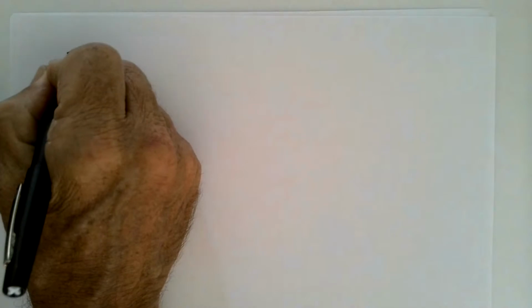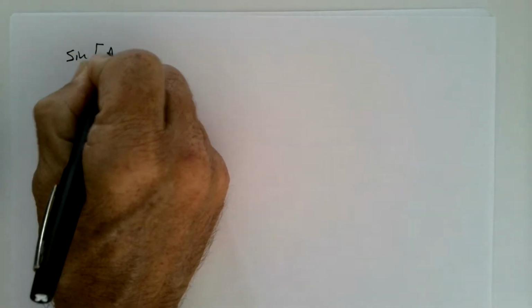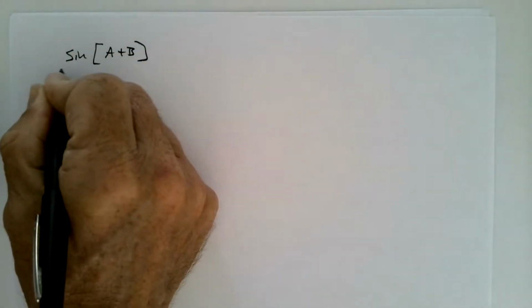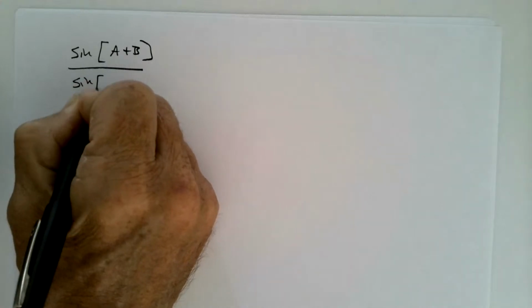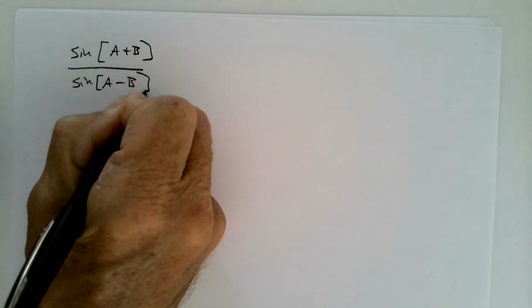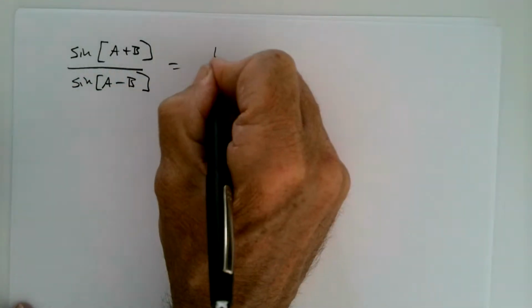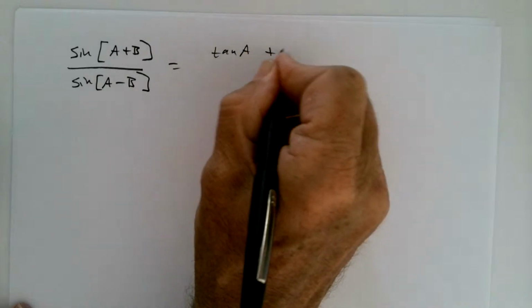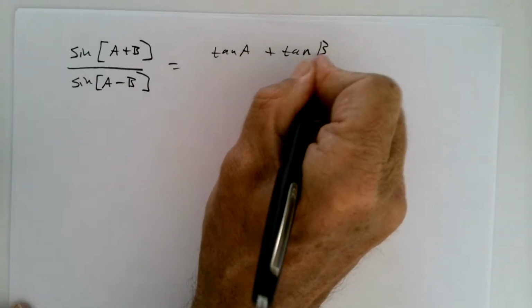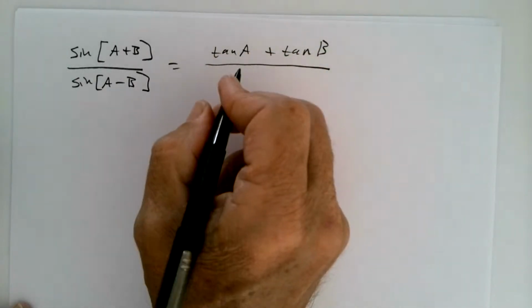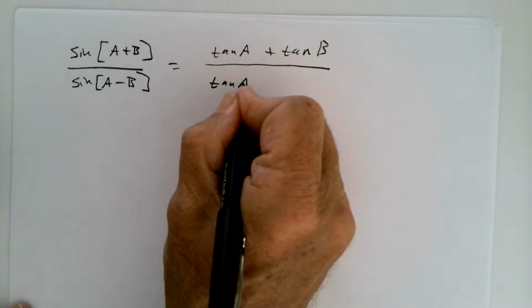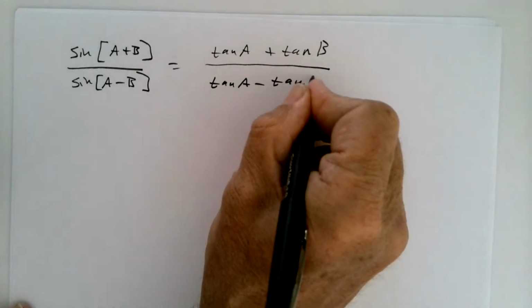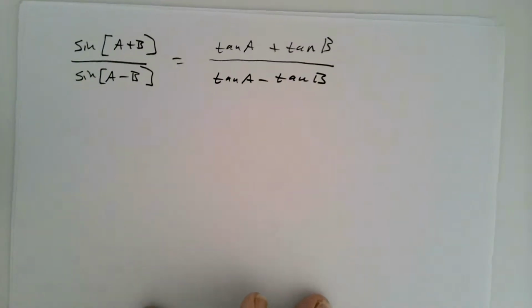So here's what we're trying to prove. It equals tan a plus tan b over tan a minus tan b. And this time I'm going to start with the right-hand side.